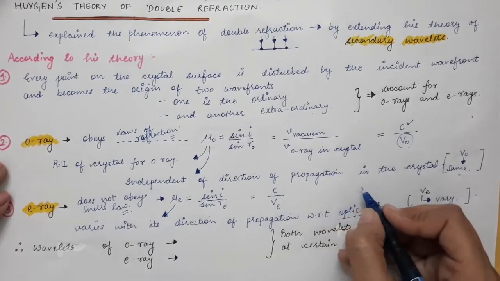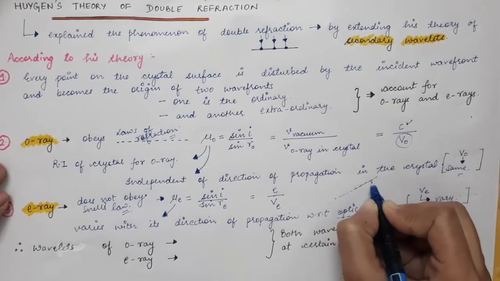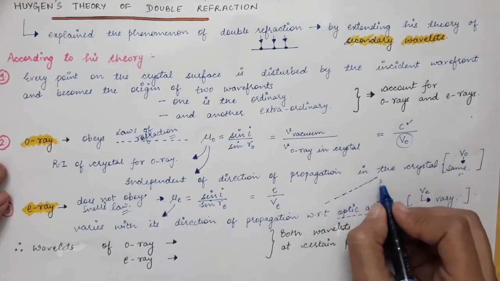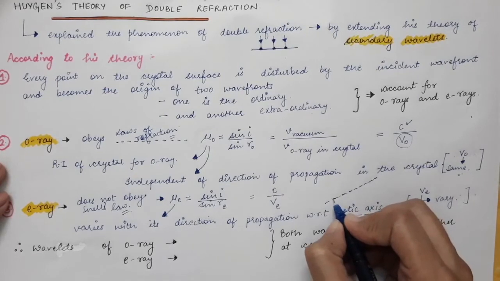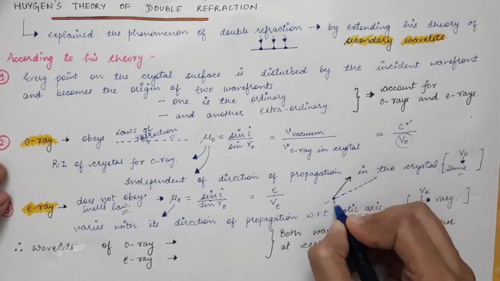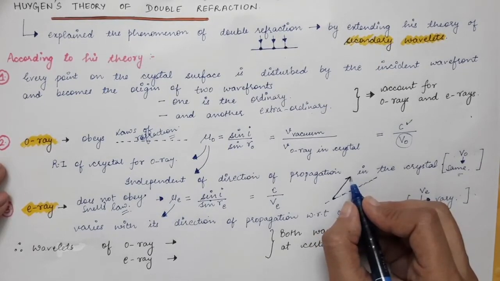So what do we mean by symmetric? Let's say this is the optic axis in a particular crystal. Now let's say the E-ray travels in this direction. It will travel with a certain velocity.